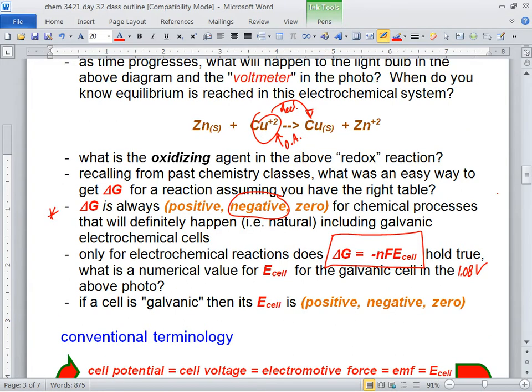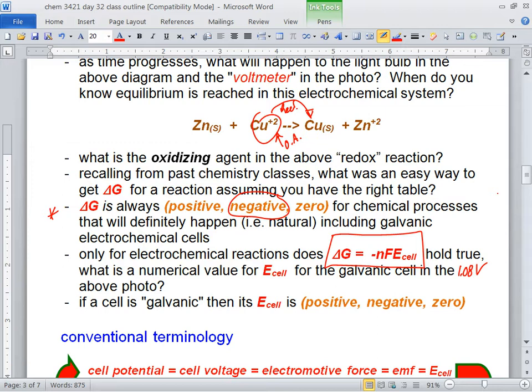If a cell is galvanic, in quotes, so there's a term, it means something, then its E cell is something. Galvanic means what? We have electrochemical cells and we have galvanic cells. We're supposed to be talking about galvanic cells. Electrochemical is, you have to stick in a battery and force this stuff to happen.